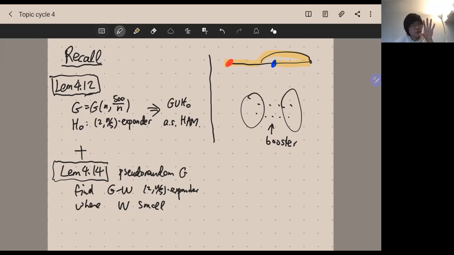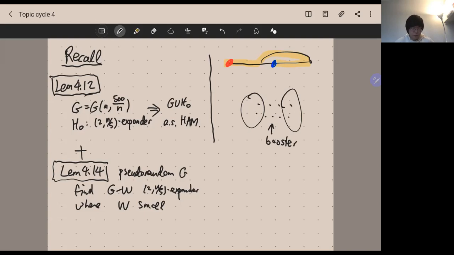Then we can apply 4.14 to find, by removing a very tiny proportion of vertices, a relatively large expander. Now you sprinkle G, what we separated before for 4.12, on top to make this very large, almost spanning expander Hamiltonian. So then we get a very, very long cycle, for example. Hamiltonian with respect to the expander, right? Does it make sense?